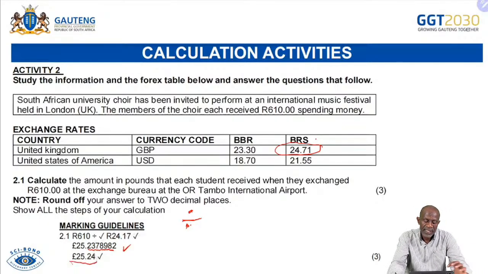This is how this calculation is done, and I hope you've been following. Today I've given you both sides of the coin: when you convert foreign currency into South African rand, and when you convert South African rand into foreign currency. Remember, when you convert South African rand into foreign currency, we always divide, and when you convert foreign currencies into South African rand, we always multiply.